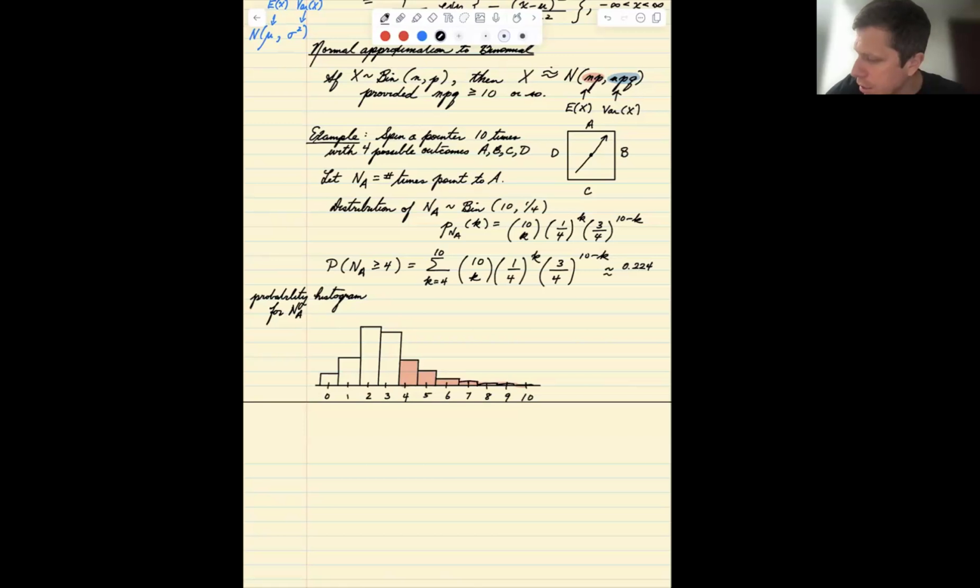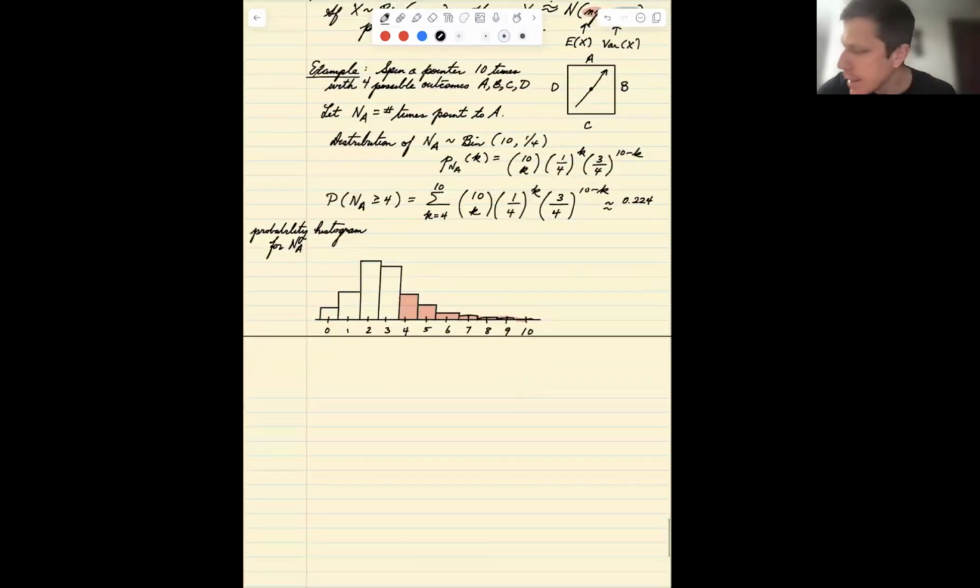around each possible value, and the height of the rectangle is the probability mass. It's the mass of that point. So that means that the rectangle above each point has height, which is the mass function, and width or base of 1, right?